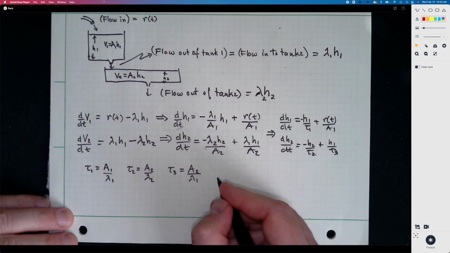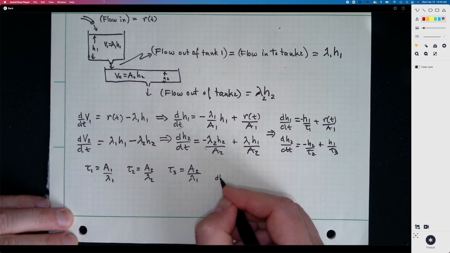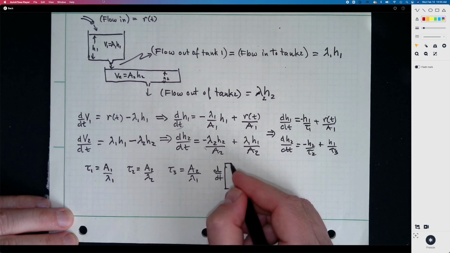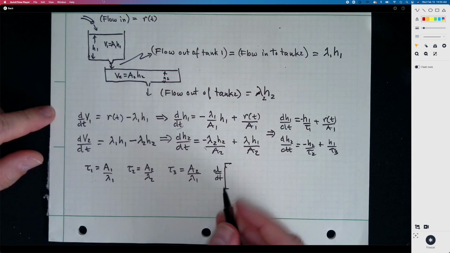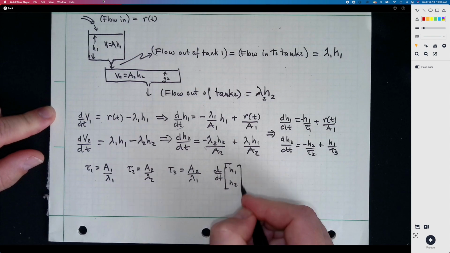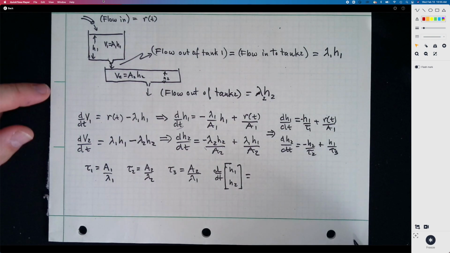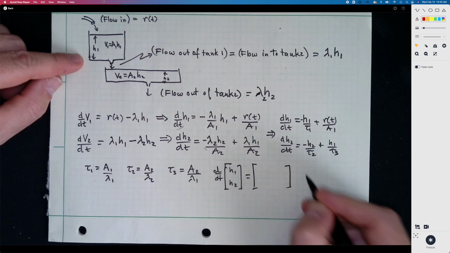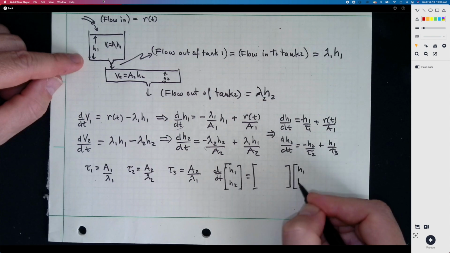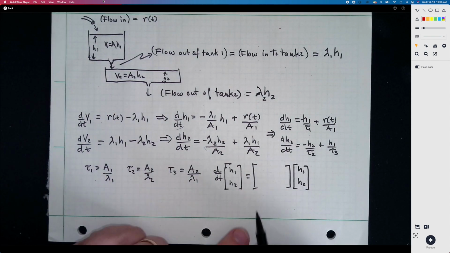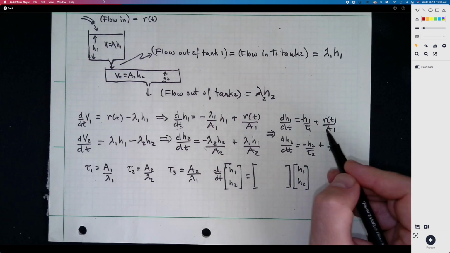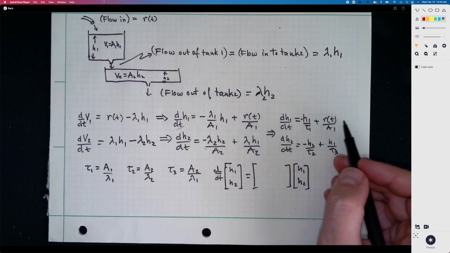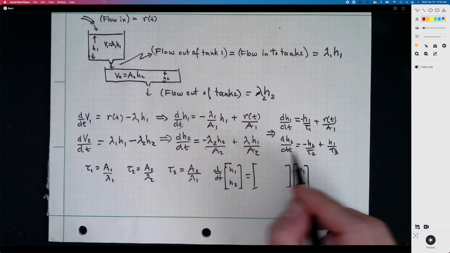And writing this out in matrix vector form, we have d by dt of the state of the system, which now has two variables, h1 and h2, equal to the rate of change of the system, which can be written as a matrix times the vector h1, h2. To find the components of the matrix, we look at the first equation and fill out the first row. The first row corresponds to the first equation, and the second row corresponds to the second equation.